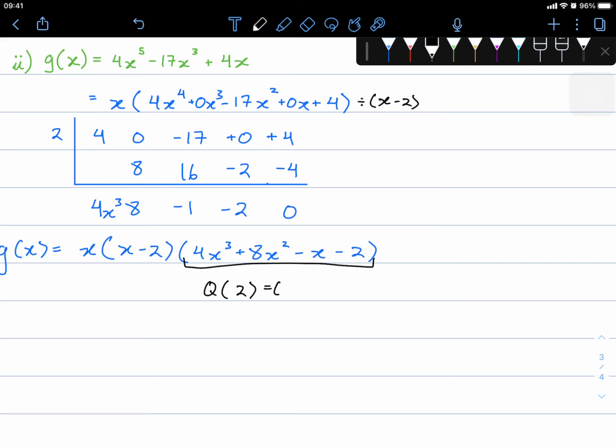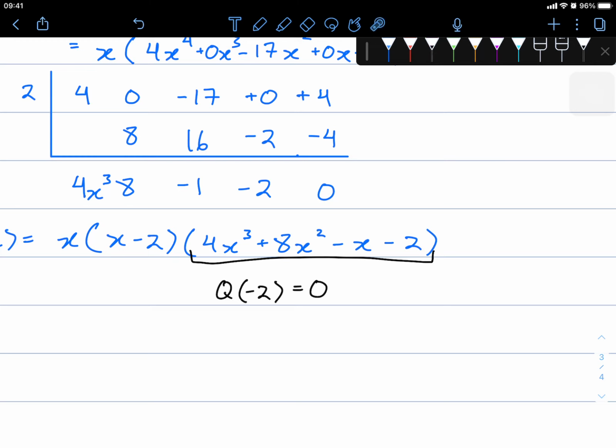This gives me 60, so that doesn't work. Let's test negative 2. So going back to my calculator, it's putting negatives in where 2's were. Minus 2, so that's going to be plus 2. This gives me 0. So negative 2 works when I substitute into this polynomial.